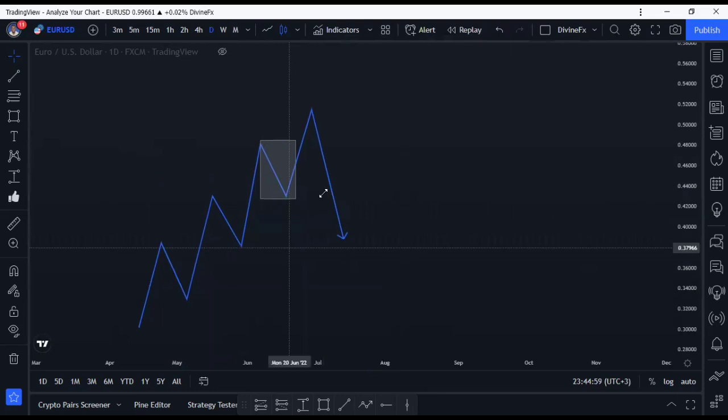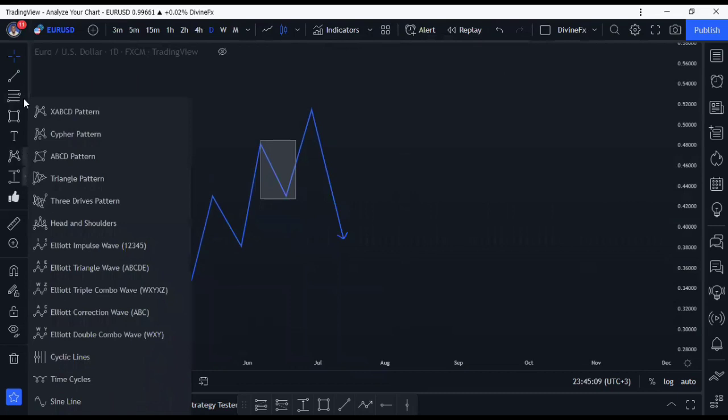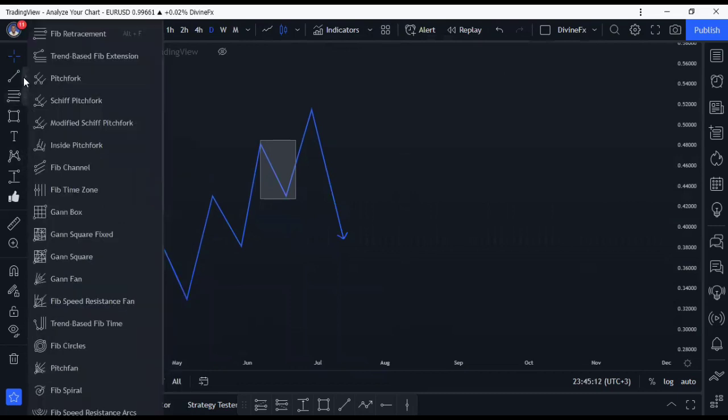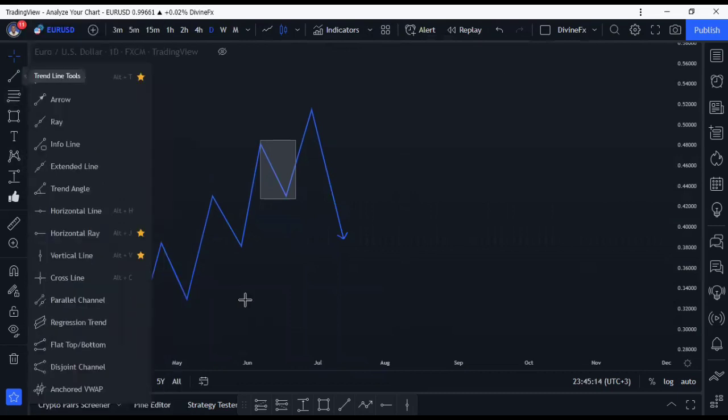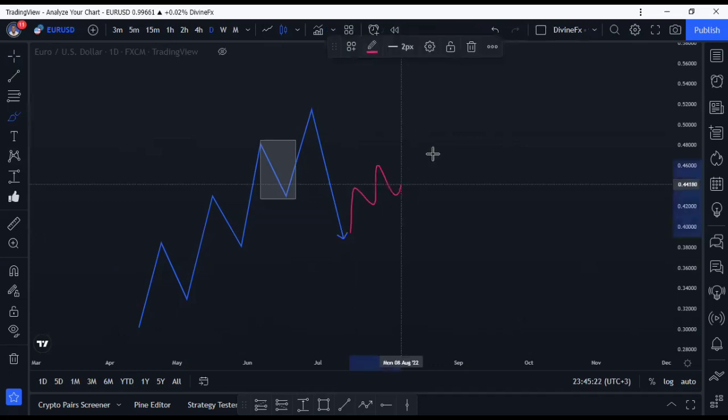So where will this correction end? The question we need to ask ourselves is, where will this correction end before continuing with the downtrend?